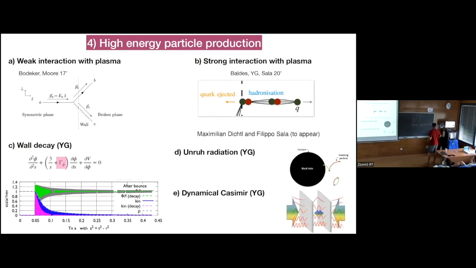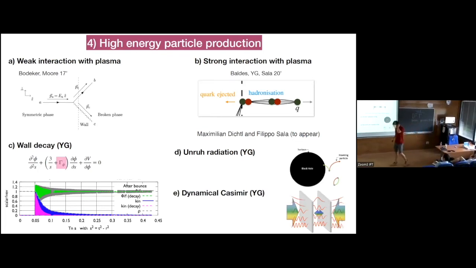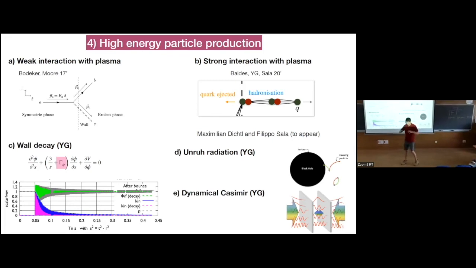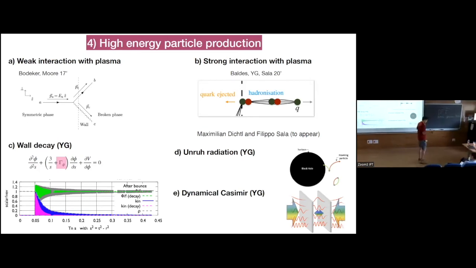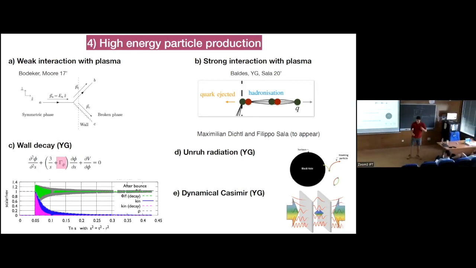And another source is dynamical Casimir, because inside the bubble wall you have some modes. The cavity has some modes, right? But as the bubble wall expands, the modes vary. They possibly vary non-adiabatically.